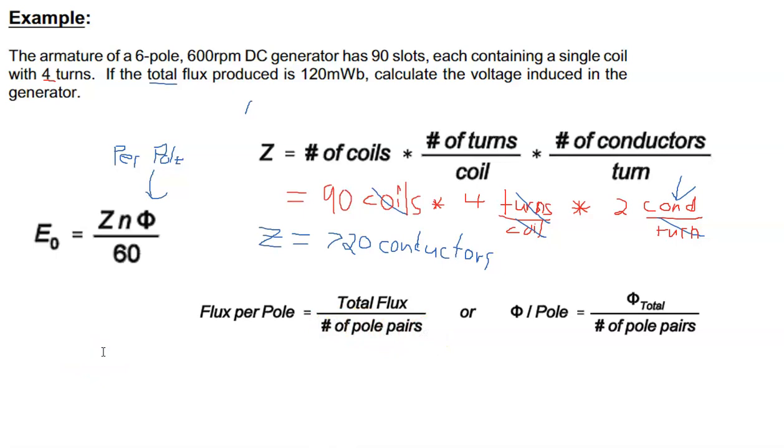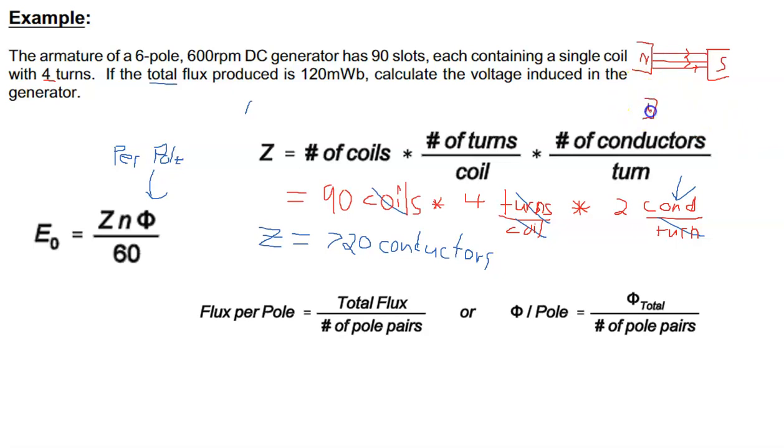If you sketch that, one of the easiest things to think about is that if I have a north pole and a south pole, that's a two-pole machine, and the flux comes out of the north pole and goes into the south pole. In that case we would consider the flux per pole and the total flux to be the same, so you wouldn't divide by 2 and halve it.